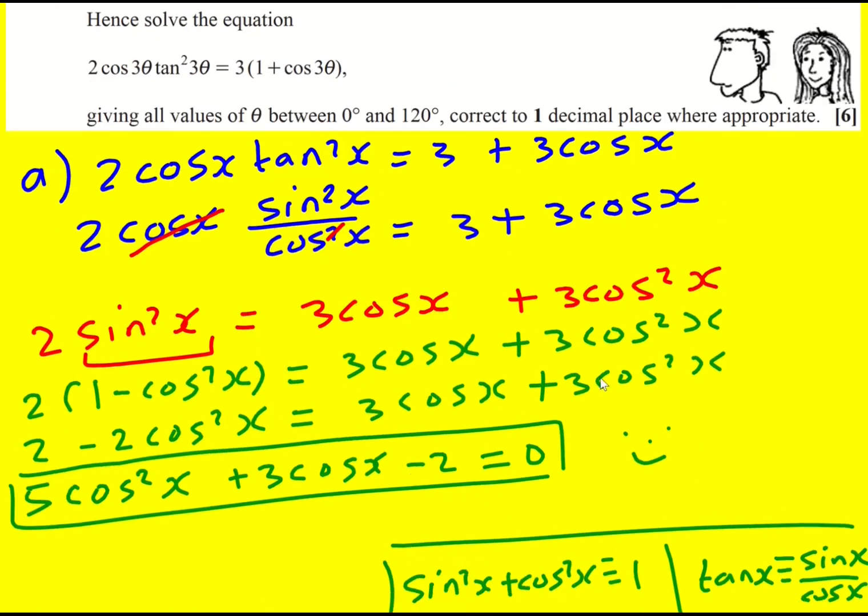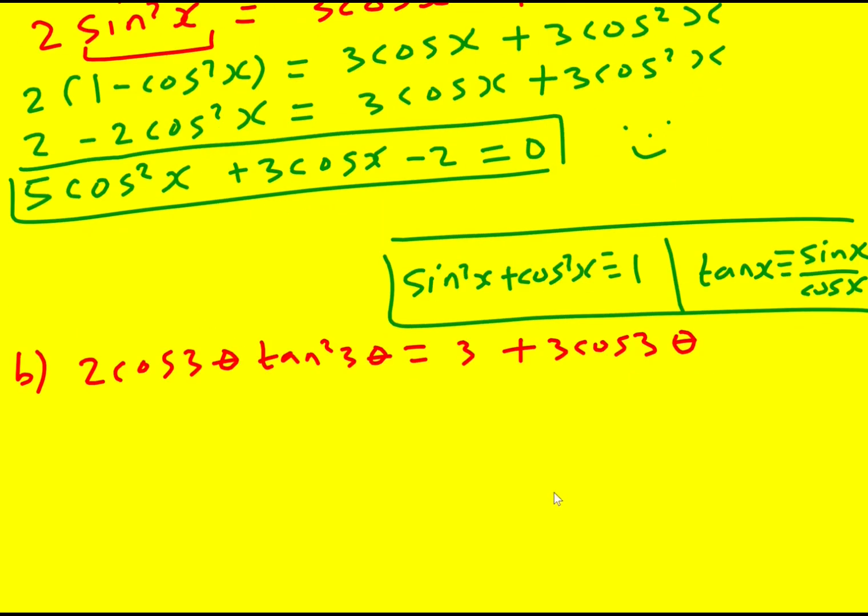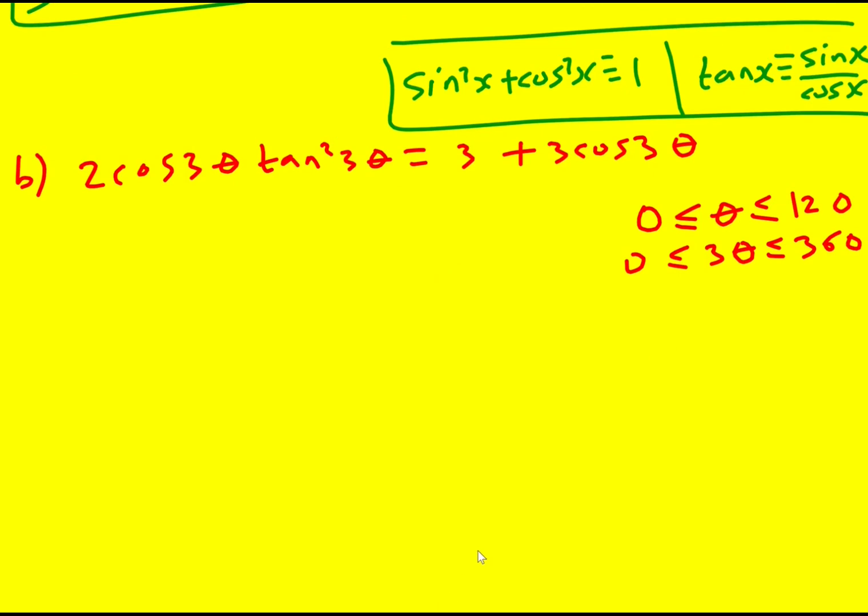And we're looking between 0 and 120. Which means that I'm also first going to find solutions for 3 theta. That is actually going to be between 0 and 360 because then I'm going to divide it by 3. It's worth being aware of that.